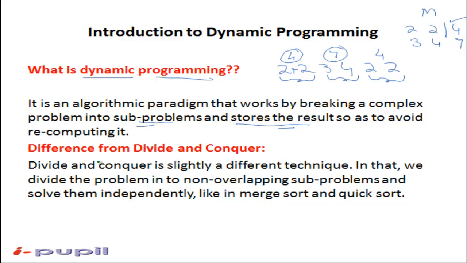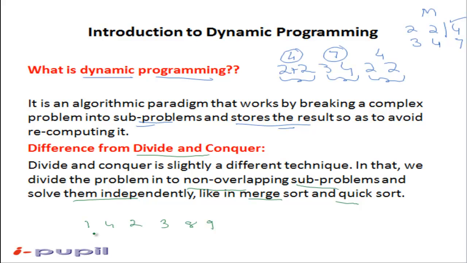Another important fact concerning dynamic programming is its difference from the divide and conquer approach. Divide and conquer is slightly a different technique in that we divide the problem into non-overlapping sub-problems and solve them independently, like in the algorithms of merge sort and quick sort. So suppose we are given a set of numbers 1, 4, 2, 3, 8 and 9.